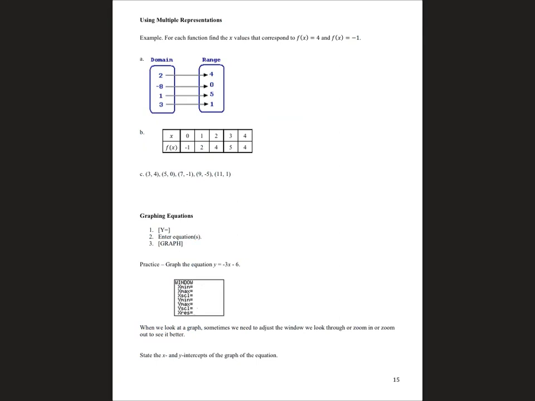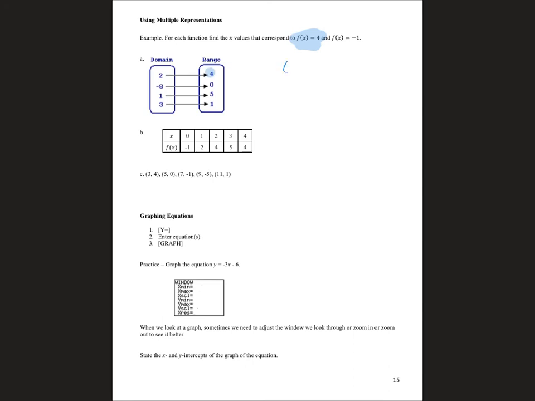Let's just do a quick little review using multiple different representations. Again, hopefully you recognize that I have been giving you outputs. So I'm looking for the x values for each of those outputs. In the first one, I'm looking for the output 4.